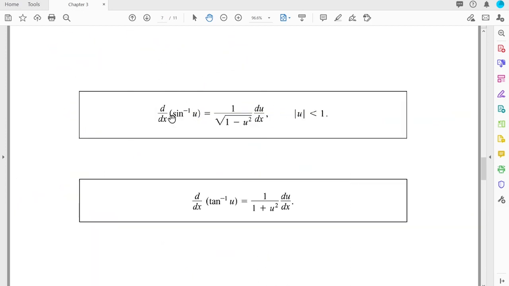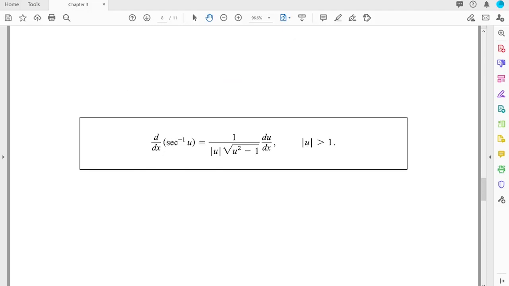So instead of x, if you have u, where u is a function of x, then we can use the chain rule and write it down. The derivative of sine inverse of u with respect to x is 1 over square root of 1 minus u squared times du over dx. That's from the chain rule. And the derivative of tan inverse of u is 1 over 1 plus u squared times du over dx.